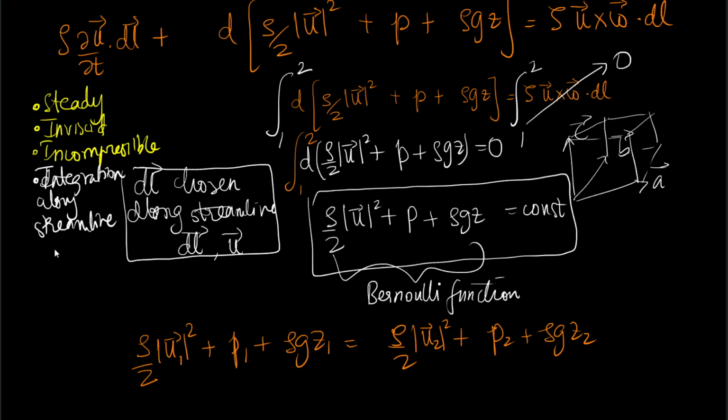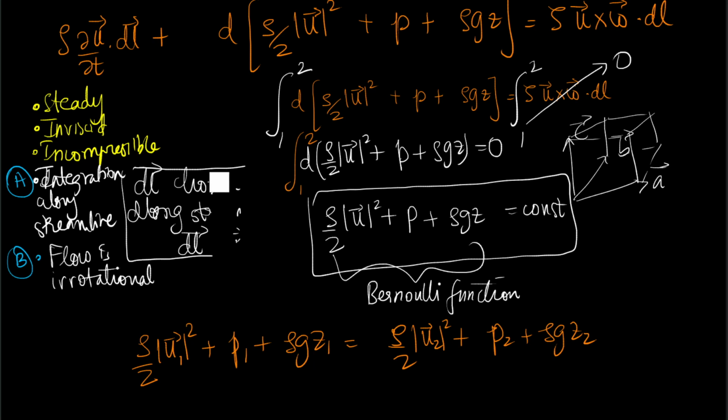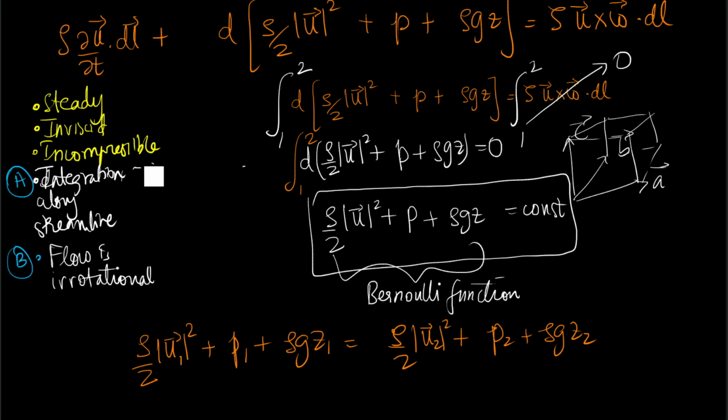Now, this is case A. The second case that can happen is the flow is irrotational. So if the flow is irrotational, meaning omega is 0, then the term appearing on the right hand side identically becomes 0 regardless of the choice of integration path. This entire term will be 0 because omega will be equal to 0.